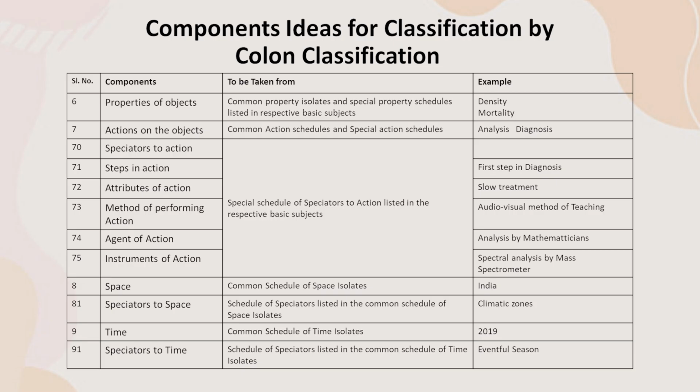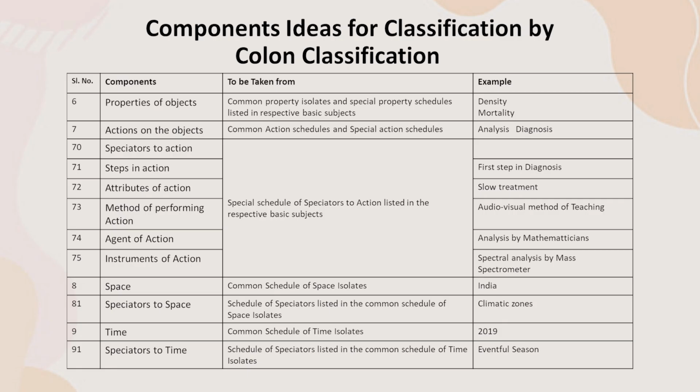subjects. If the component in a subject is a space component, a space isolate, the common schedule of space isolates is to be considered. And if a speciator to space is present, then the schedule of speciators listed in the common schedule of space isolates is to be consulted, such as climatic zones.